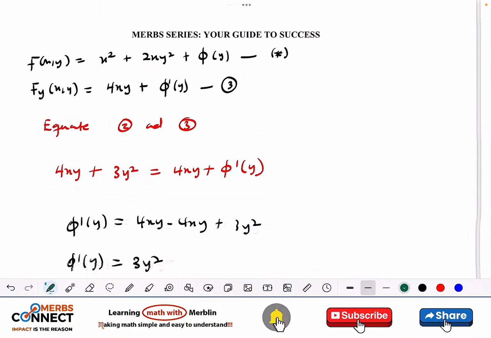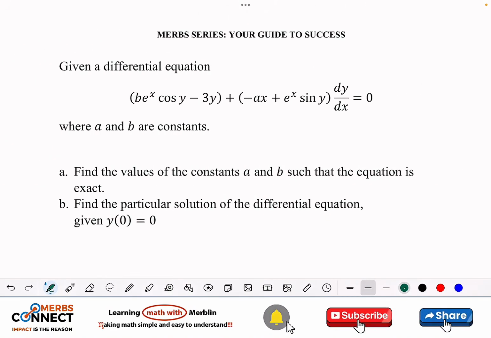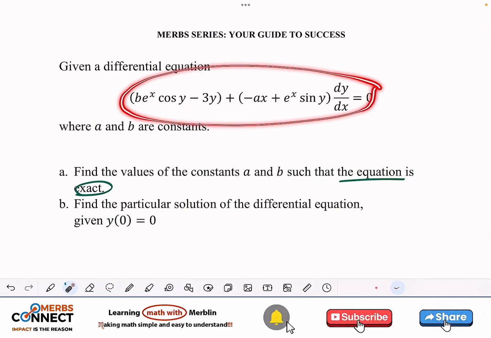But I'll take another example that is going to help you go through the process again, right? So now this question is, we've been given this function here, a and b are constants. Find the values of constants a and b such that the equation is exact. So keywords, the equation is exact, meaning that the equation here is already exact.